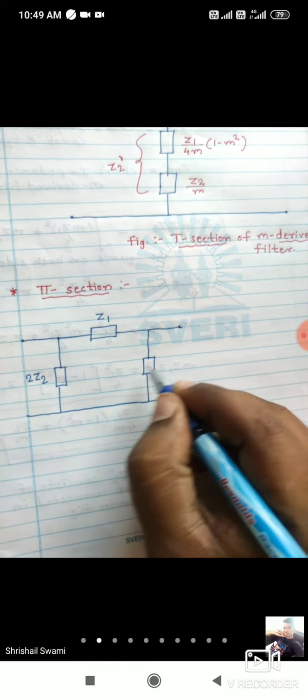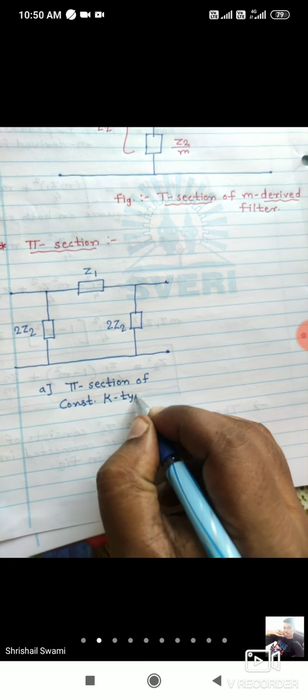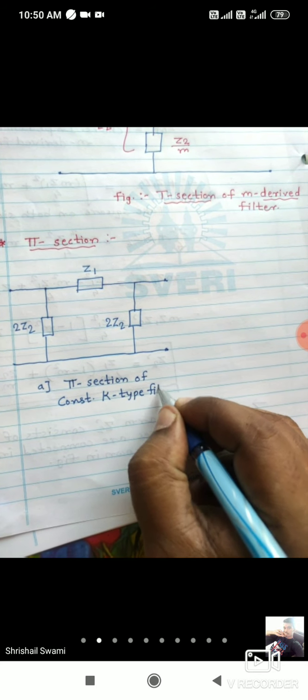So this is 2Z2 and this is also 2Z2. So this I will consider as the pi section of constant K type filter.